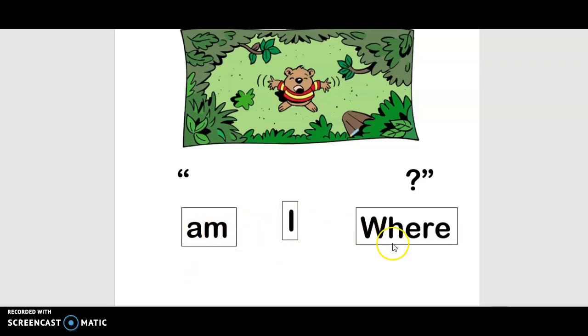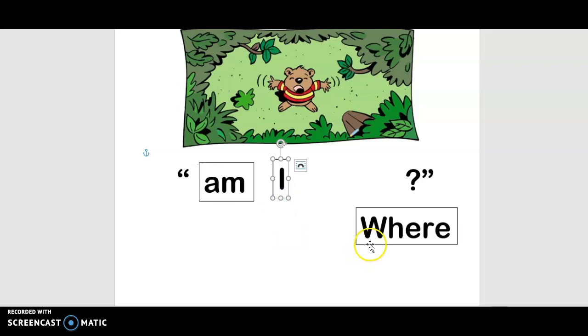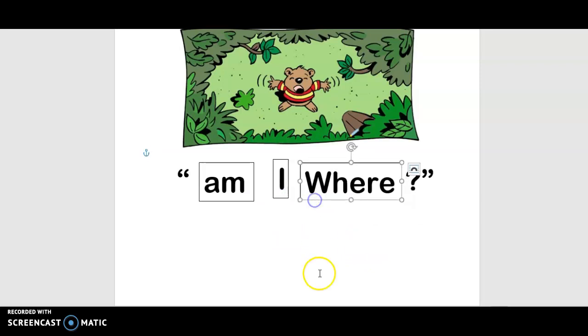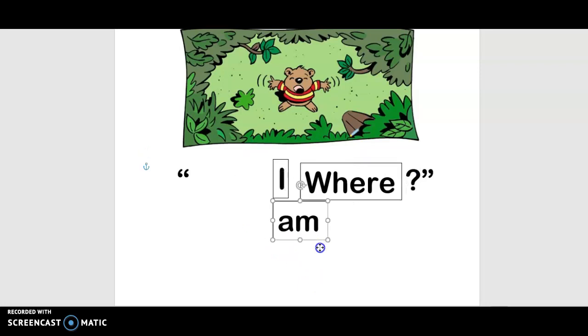So I have am, I, where. Now, I can click these and drag them, but I'm not sure that's the right order. Am, I, where? Does that make sense? No. What about if I switch these guys around?